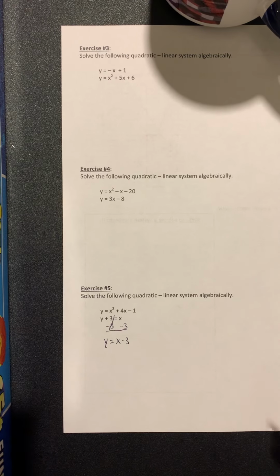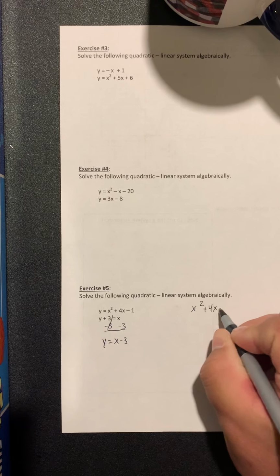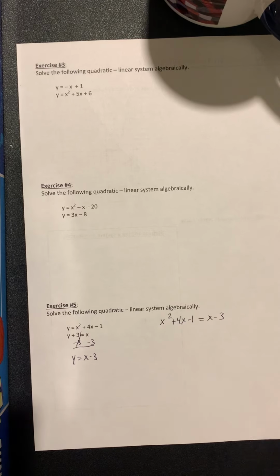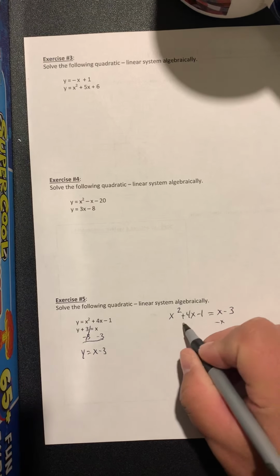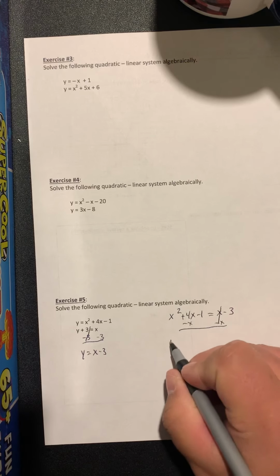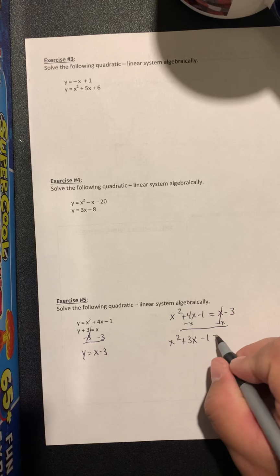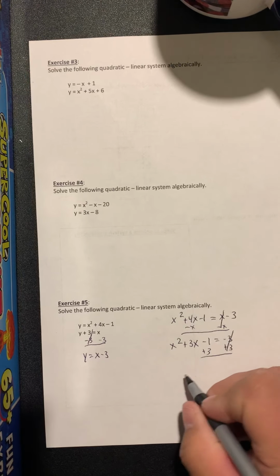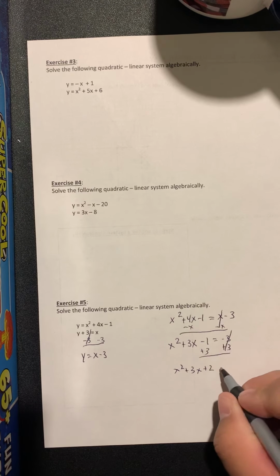Now I go to step 2, set them equal to each other. x squared plus 4x minus 1 equals x minus 3. Subtract x from both sides. x squared plus 3x minus 1 equals negative 3. Add 3 to both sides, because remember, we have to get this quadratic equal to 0.